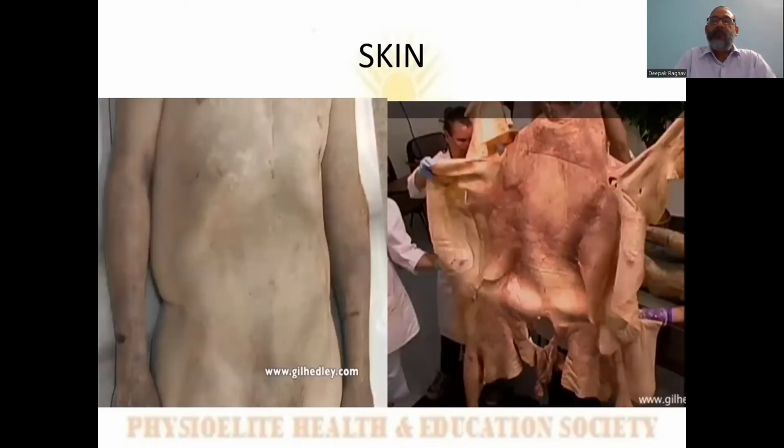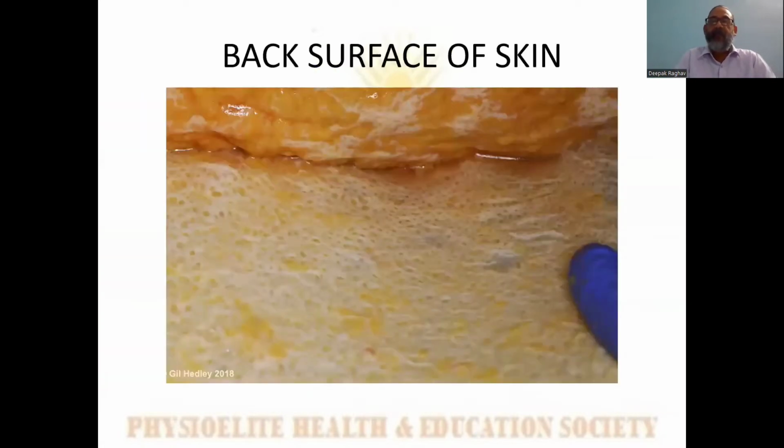So first of all, when we are palpating, the first structure is the skin. Skin is the largest structure in our body. When we remove the skin, the back surface of the skin is seen like this.